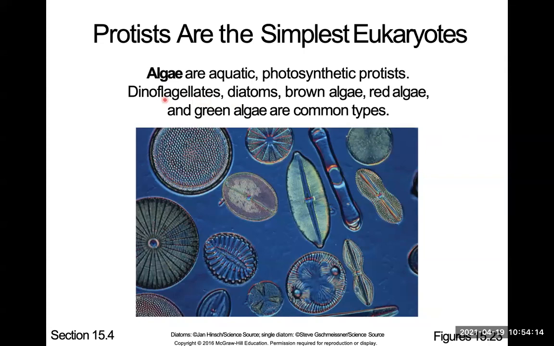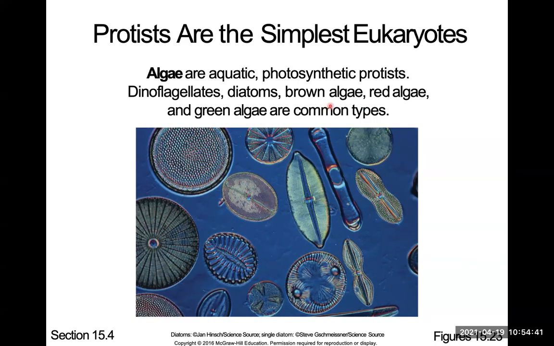Anybody know what flagellates means or flagella? Anybody know what flagella stands for? Tiny tendrils, like small fibers. Sperm has a flagella, so in biology we call it flagella if it has a tail.